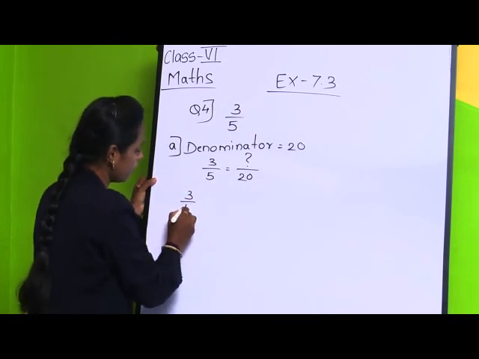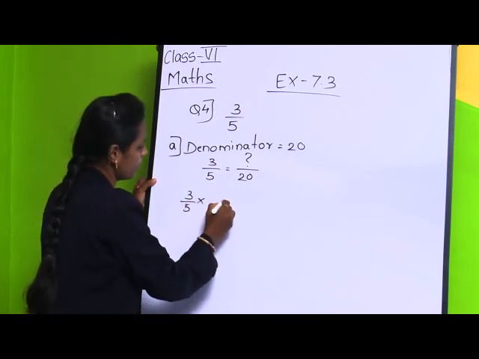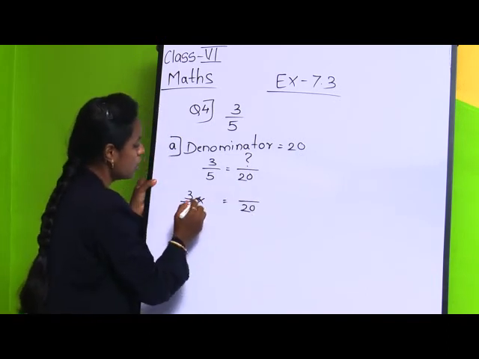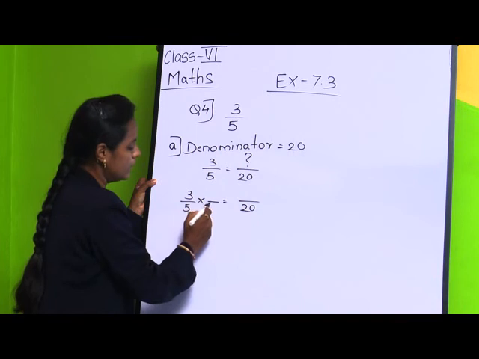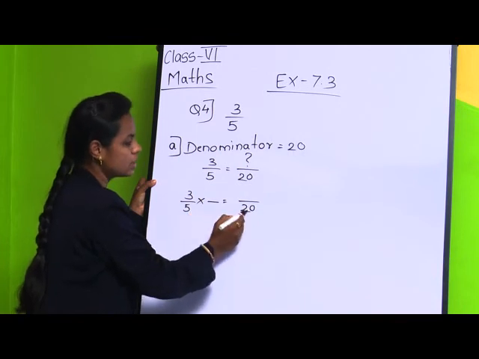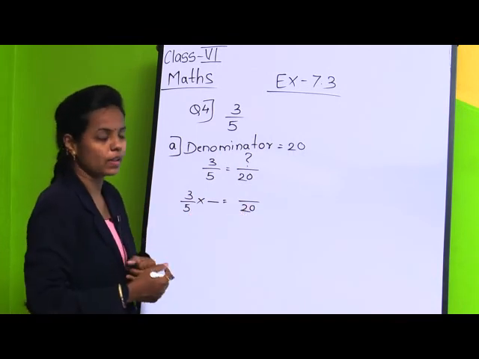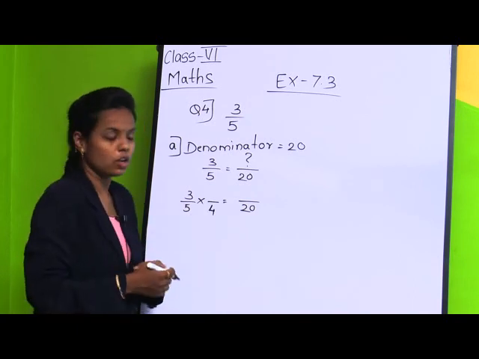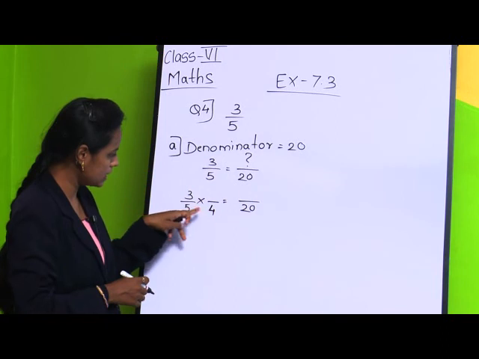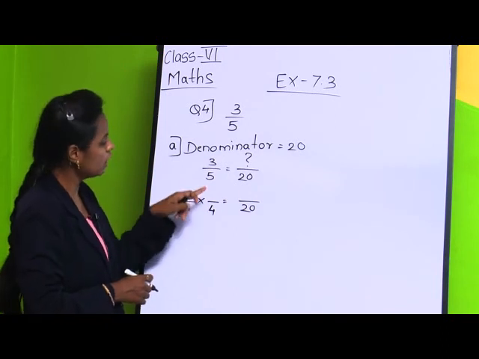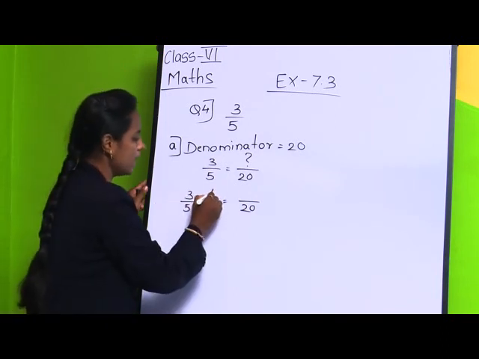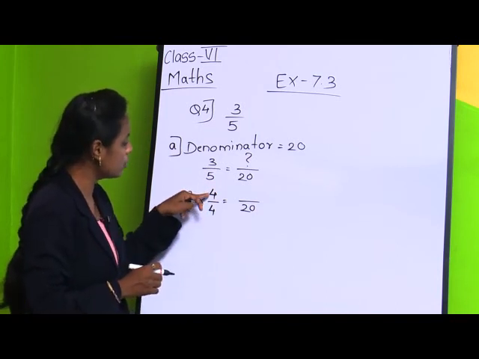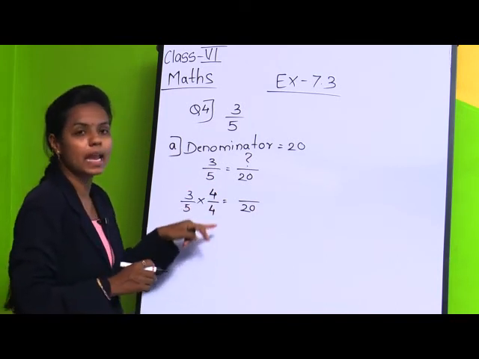So, 3 by 5. Already we have 20 in the denominator's place. So, 5 multiplied by which number gives the answer 20? It is 4. 5 4s are 20. So, when the denominator is multiplied by 4, the numerator should be multiplied by 4 itself, because we have to multiply numerator and denominator by the same number.